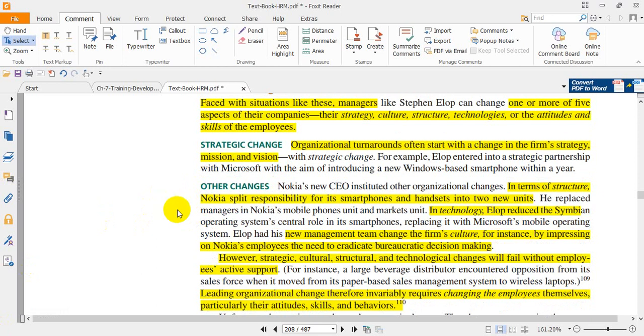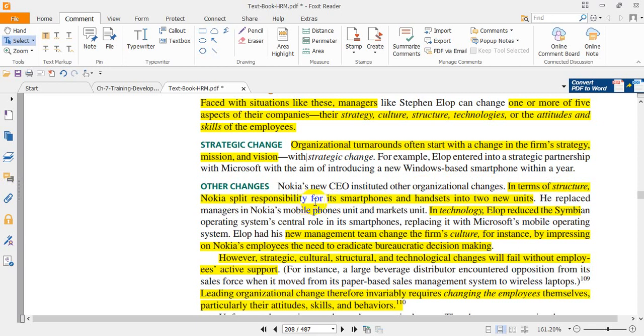Other changes in terms of structure: Nokia split responsibility for its smartphones and handsets into 2 new units. He replaced managers in Nokia's mobile phone unit and markets unit. So here the other change is in terms of structure.